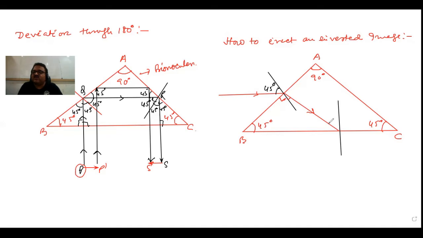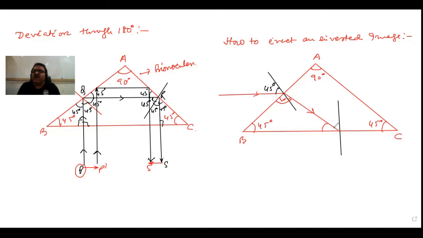So what will be the value of this angle? I want to know. That's a very important question. This is 45, this is 90. What will be the value of this entire angle? It is, say for example, anything less than 45. That means anything less than 135 degrees. Clear? Anything less than 135 degrees.